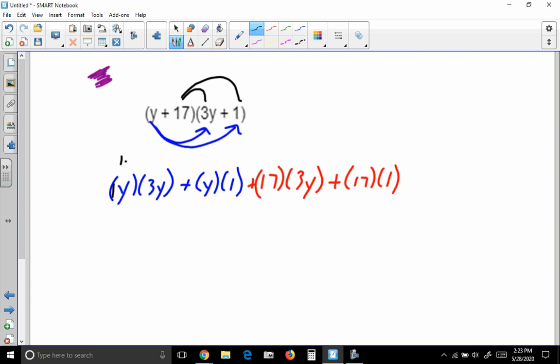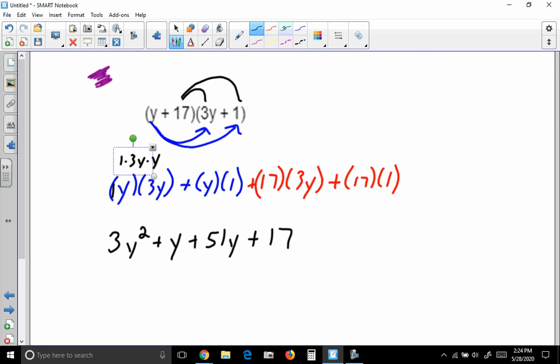So 1 times 3 is 3, and a y and a y, which of course is y squared. Here, y times 1, well, anything times 1 is itself. Here we have 17 times 3, which is 51, times y. And then on the end, we have 17 times 1.